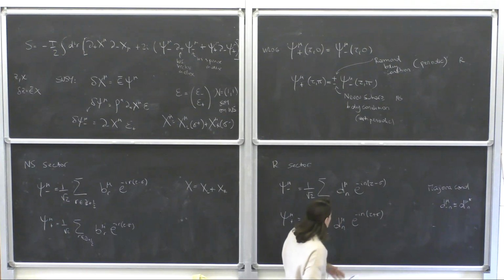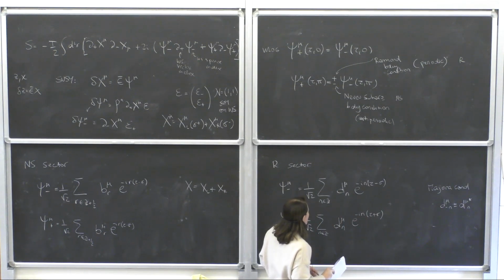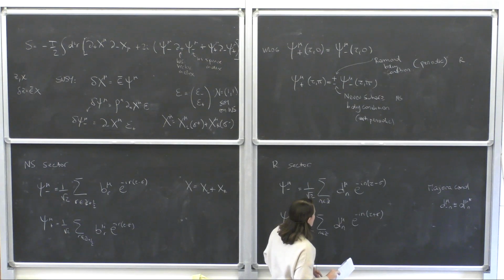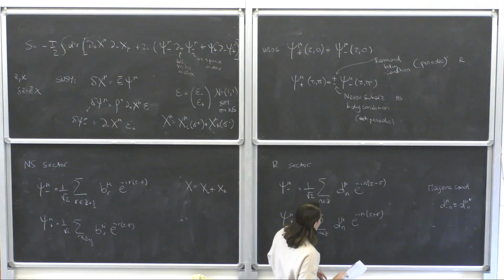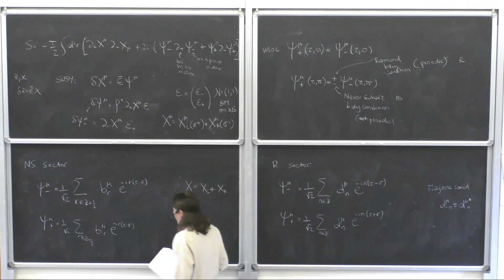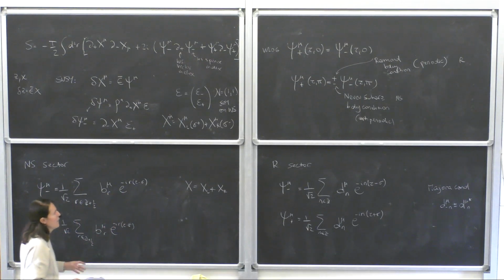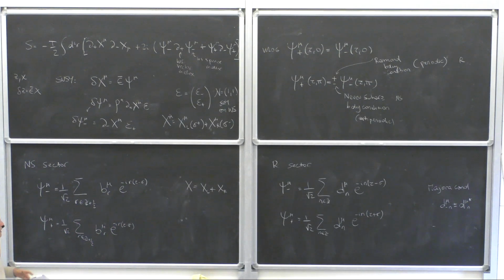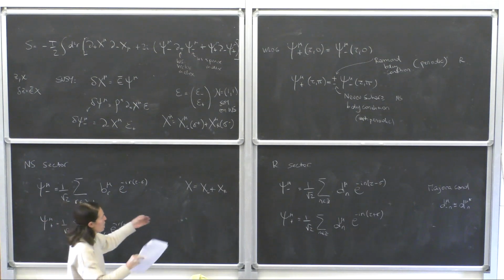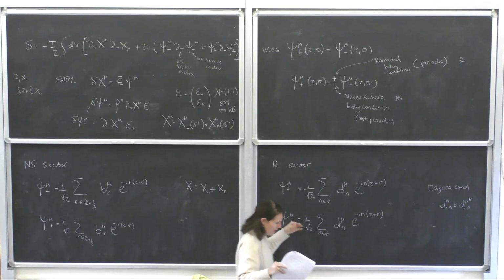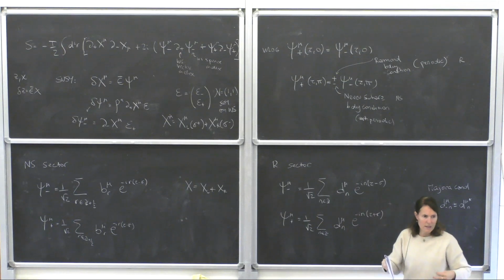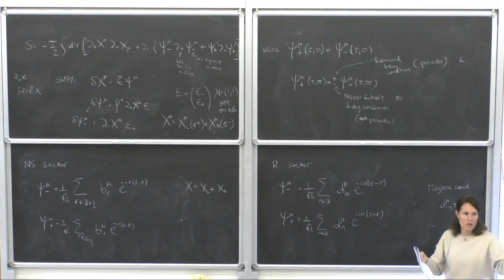So the expansion for x... I mean, because you can have Neumann boundary conditions for the x's, and the boundary conditions are imposed at each end. So I can choose Neumann boundary condition at one end and Dirichlet at the other.